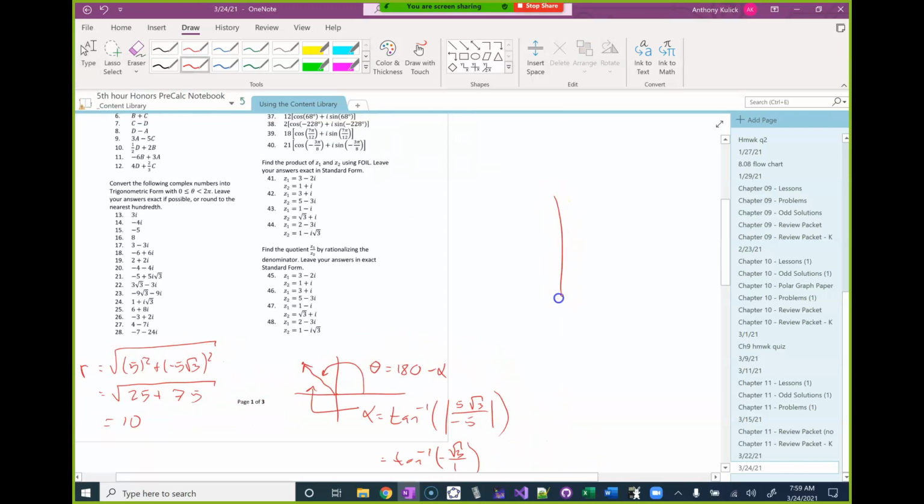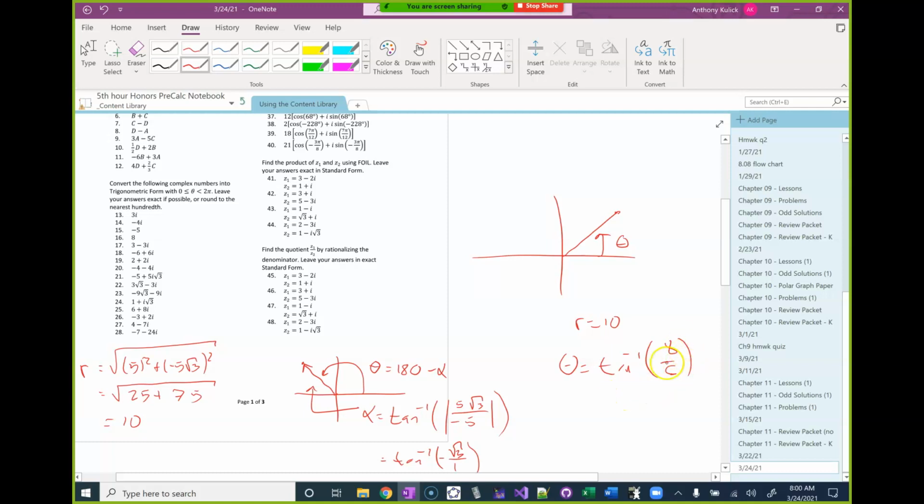So if we plot this, we have 6, 8. So it's like right here is our theta. You good with that? The R we got was 10, right? And theta is just tan inverse of 8/6.